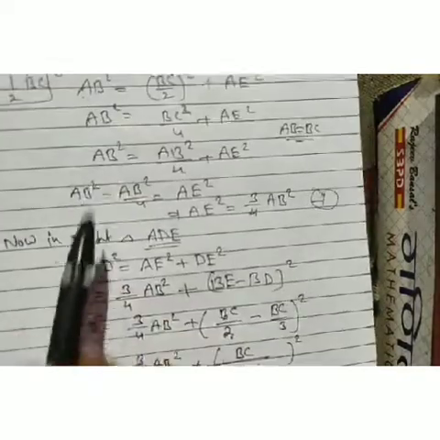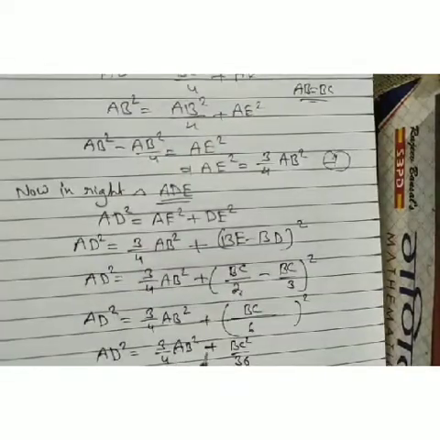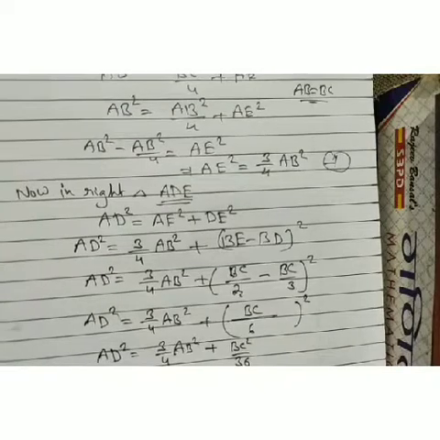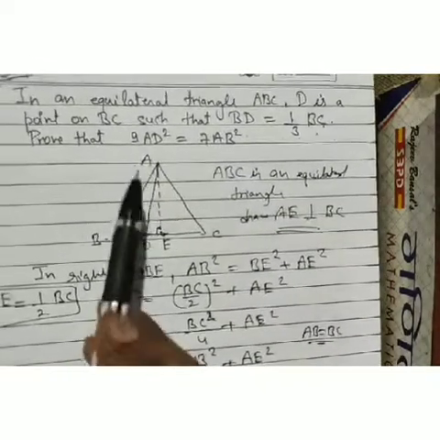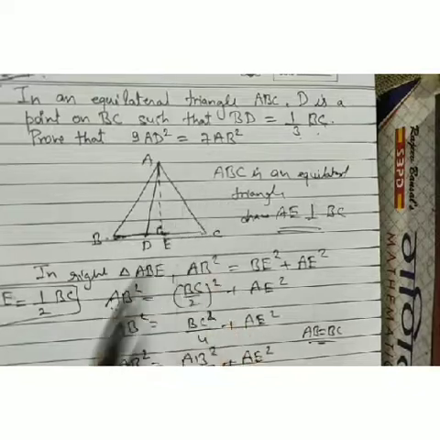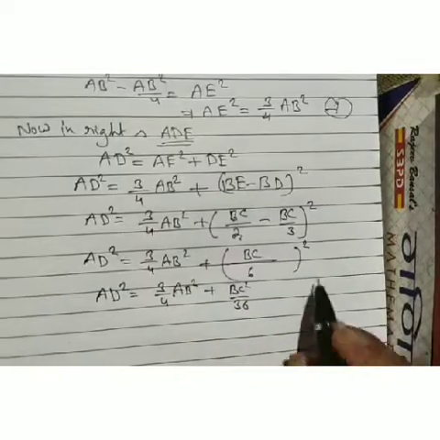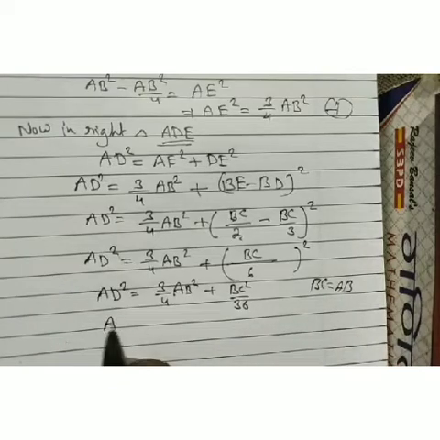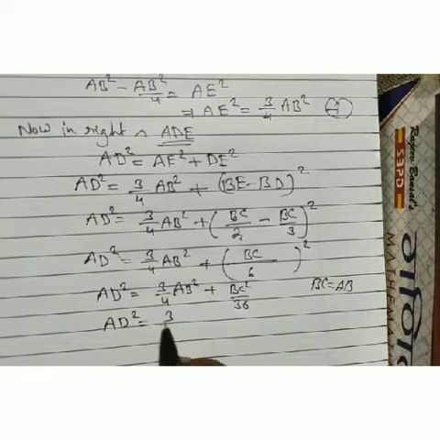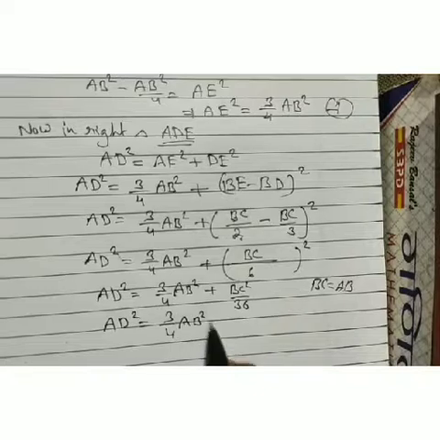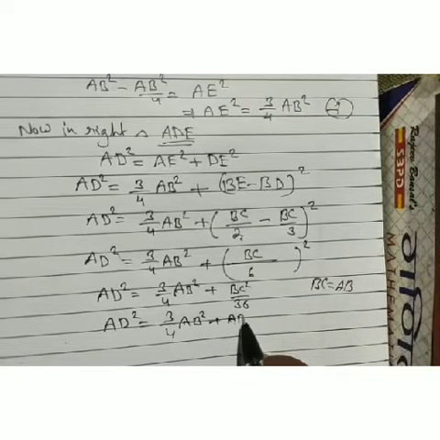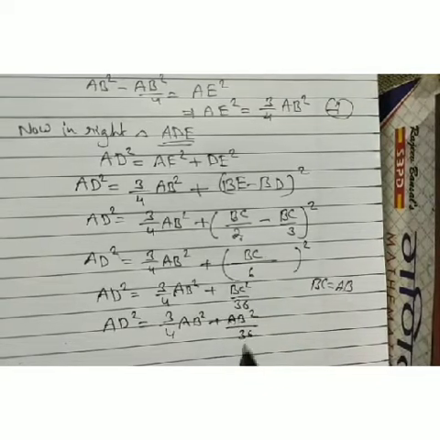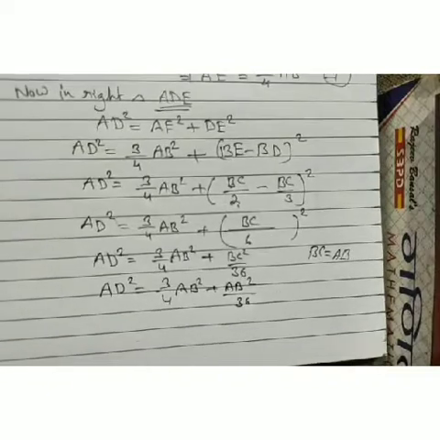We don't need BC, and we have that ABC is an equilateral triangle. Then we are going to change our BC. Since BC equal to AB, AD square equal to 3 by 4 AB square plus AB square by 36.